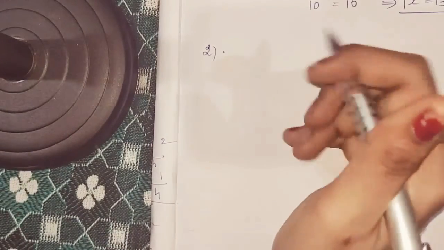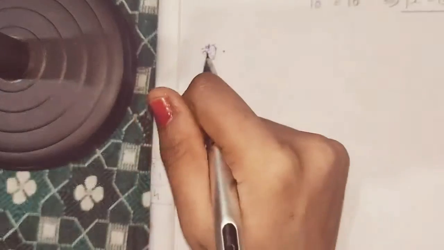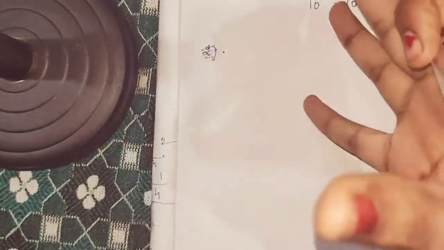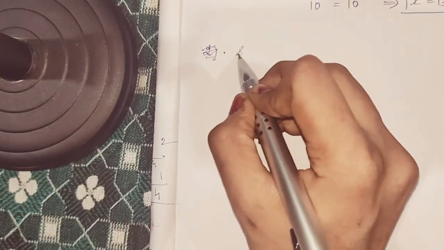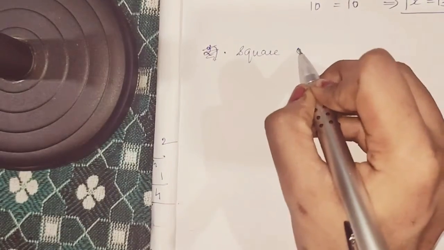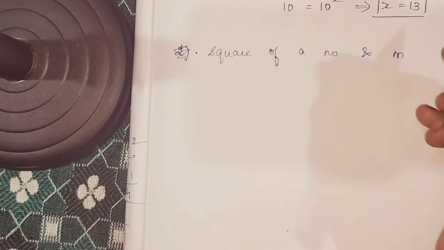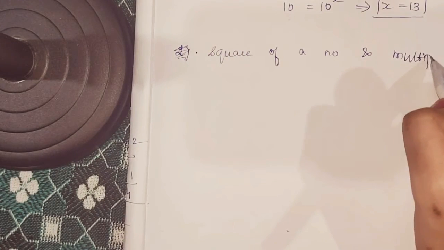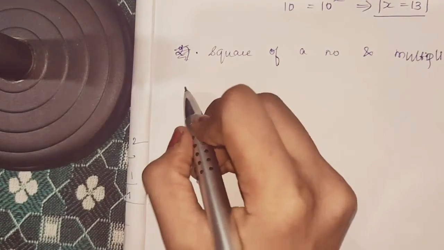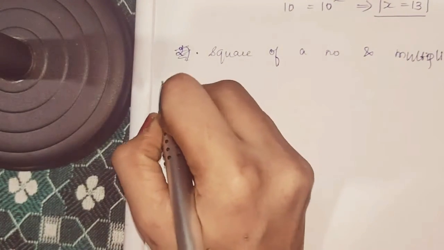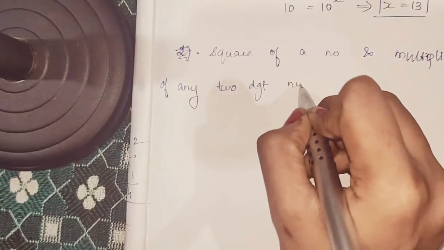Before looking into the second example, let's see a trick for solving this kind of problems. What trick is that? Square of a number and multiplication of any two-digit numbers.